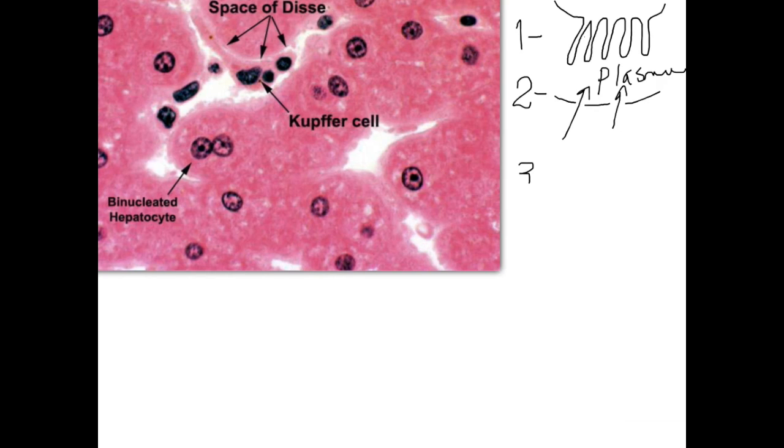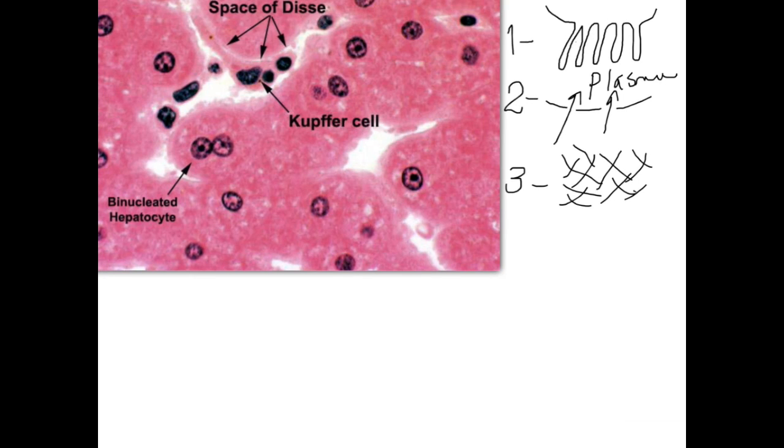Number 3, you will have reticular fibers forming a reticulum here in this space. These fine fibers, branching and forming a reticulum, support the wall of the blood sinusoid. So we have here these reticular fibers supporting the wall of the blood sinusoid.